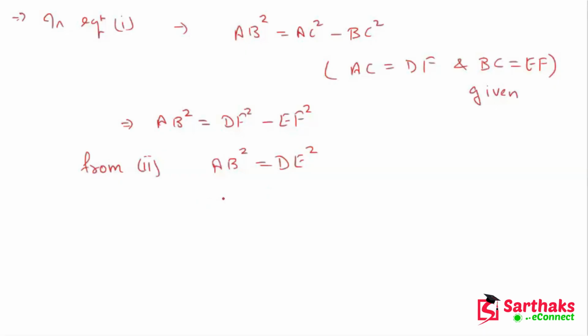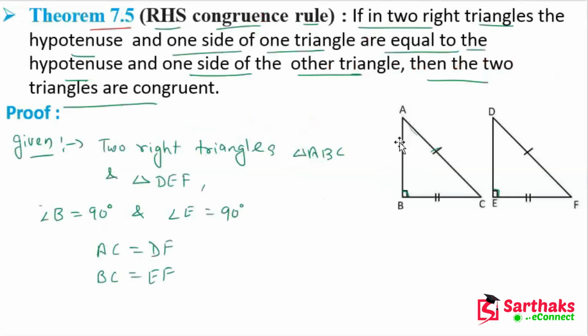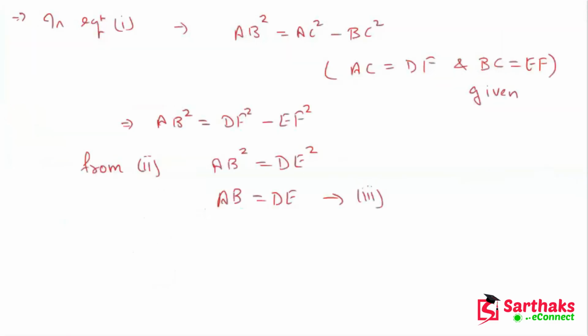So we can write AB is equal to DE. So this is equation number 3. So now we have all the three sides equal. Here AB is equal to DE. Got it?